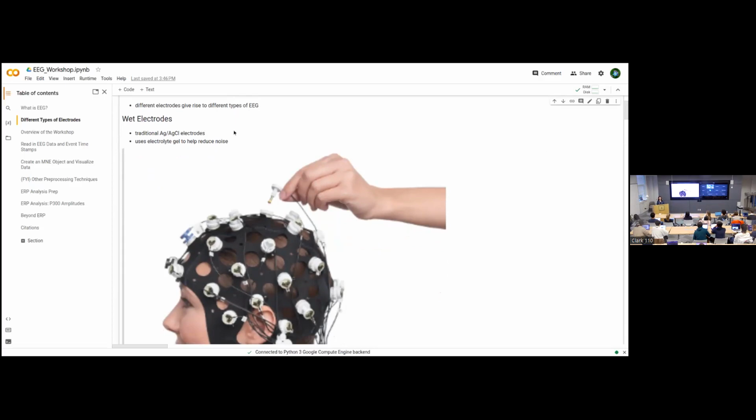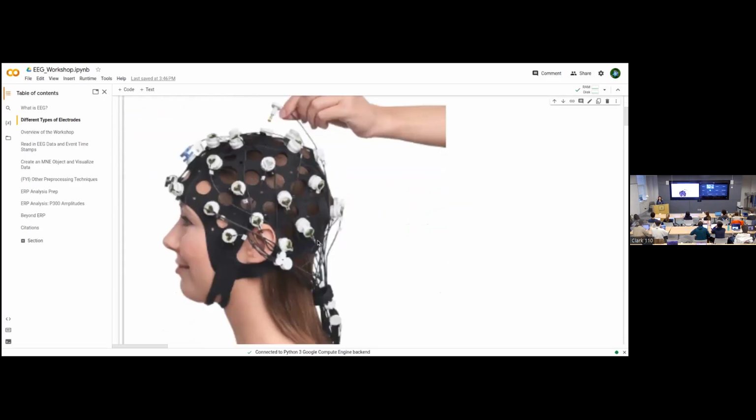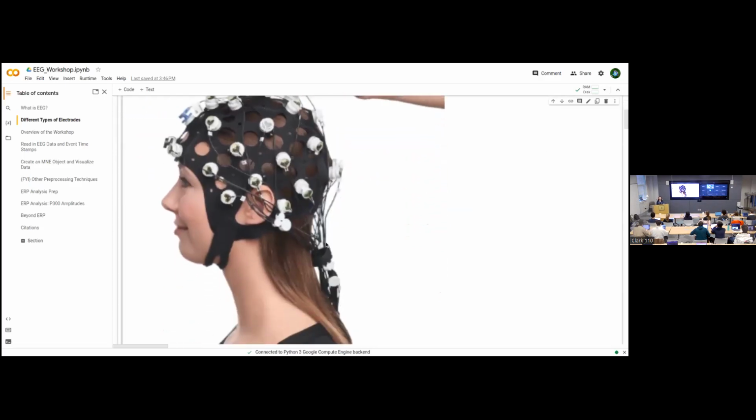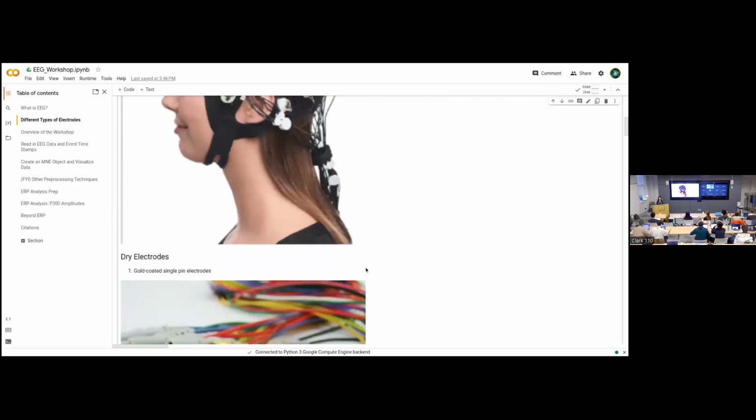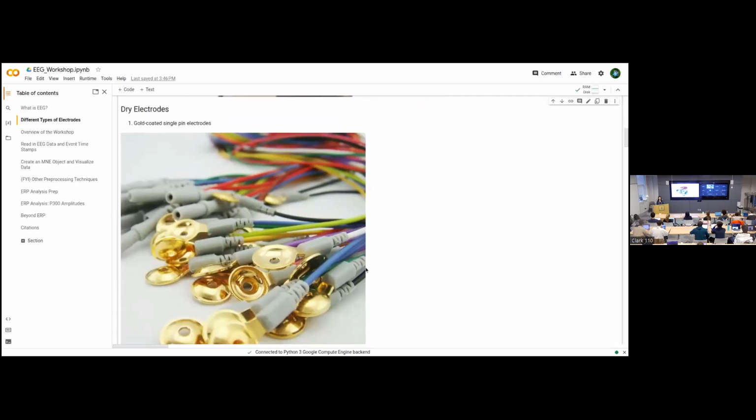They're called that because to apply these electrodes onto your head, you actually need to apply an electrolyte gel. Traditionally, the electrodes used are silver and silver chloride electrodes. Here you have an image of what wet electrodes may look like when we're using them for EEG.